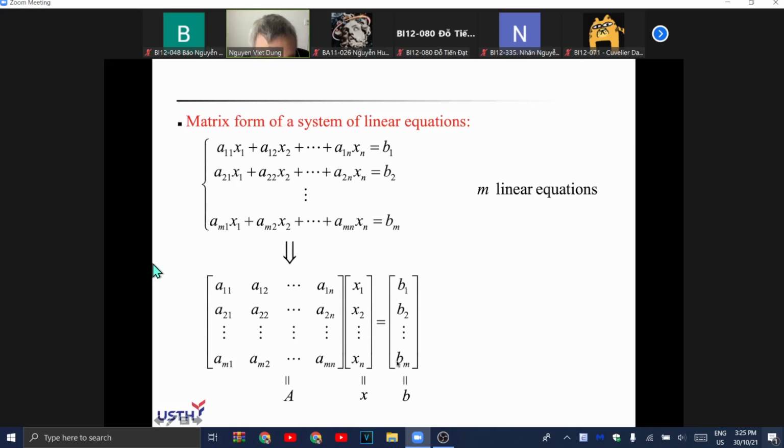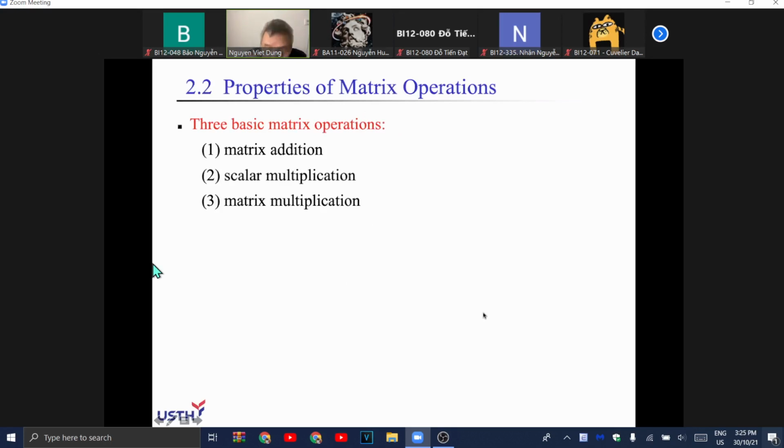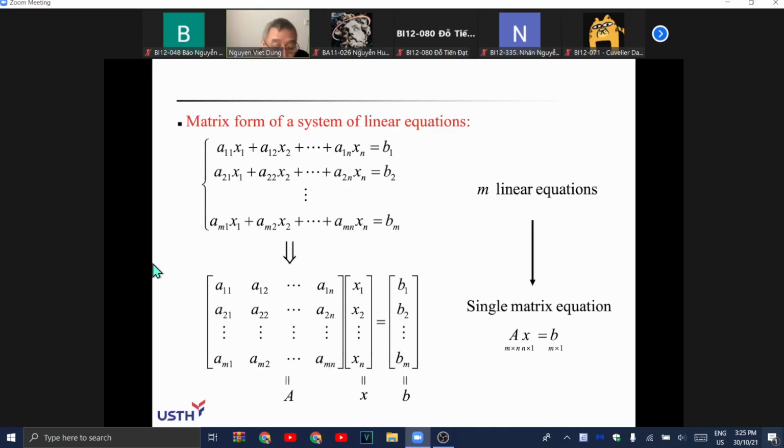And here is the column of right-hand sides. That system of linear equations now becomes only one single matrix equation. Only one single equation, but that is an equation between matrices like that. That is why we say matrices are very useful in writing the solving procedure of a system of linear equations.